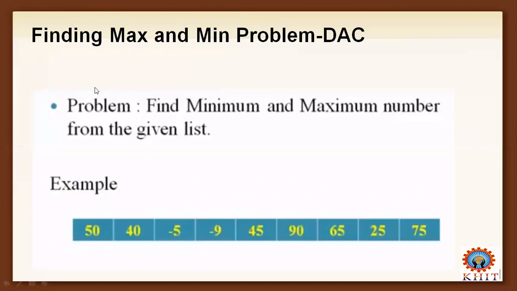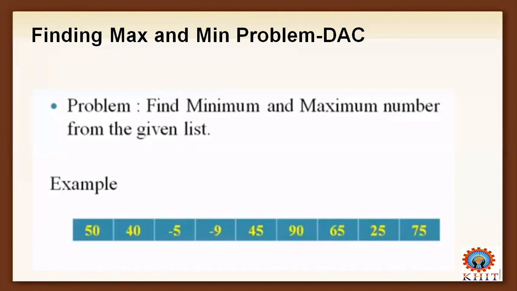The given problem is to find the minimum and maximum number from the given list. Consider an example, an array A. The array A can contain n number of elements. The elements placed in the array are not in sorted order.